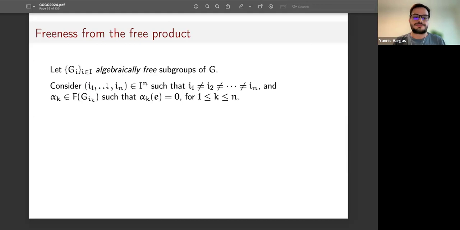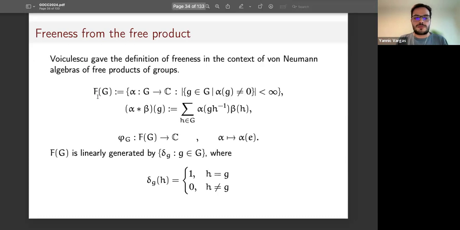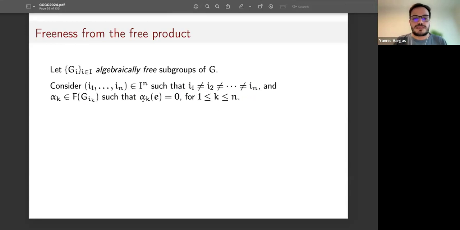For such a tuple and such a sequence of subgroups, I consider the non-commutative space F of J of those subgroups. Remember, F of the group is the space of all such maps. I'm going to take such maps which send the identity element of J to 0.